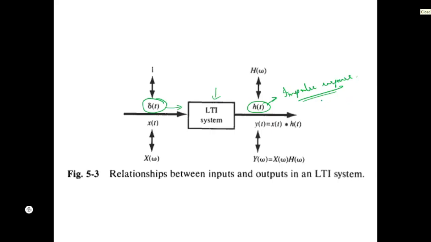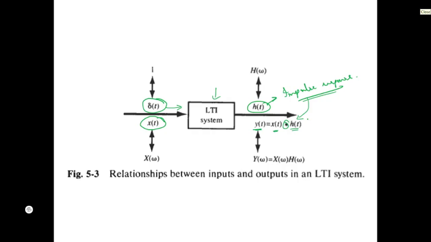Now, why is this impulse response important? It is important because if we give x(t) as the input, then our y(t) is given as x(t) convolved with h(t). What is h(t)? h(t) is nothing but the impulse response.